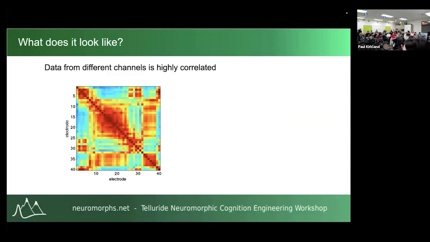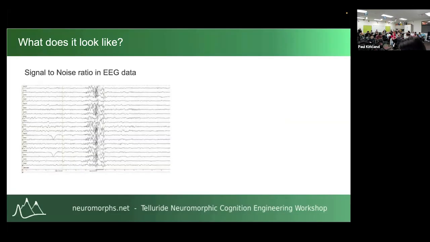Okay. And the problem we have, that's what I was saying, is that that's the correlation matrix of electrodes. Basically, the electrodes are highly correlated together, which means that we don't have good spatial resolution, because the signal smudges, or smears, across different electrodes. The other problem is that the signal to noise ratio in EEG data can be challenging.